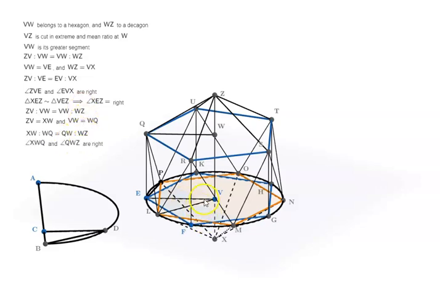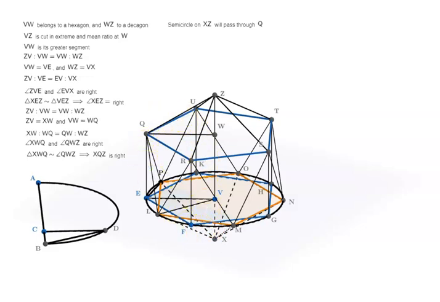Well, XWQ and QWZ are right angles. So that means triangle XWQ is similar to QWZ. And since they are similar triangles, that means XQZ is also a right angle, which means that a semicircle on XZ will pass through Q.